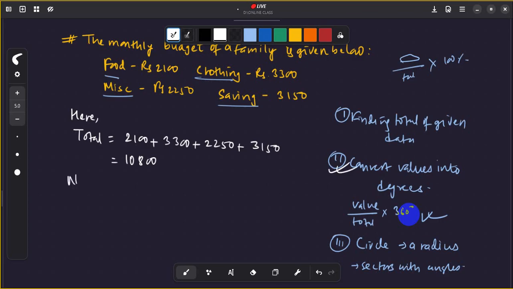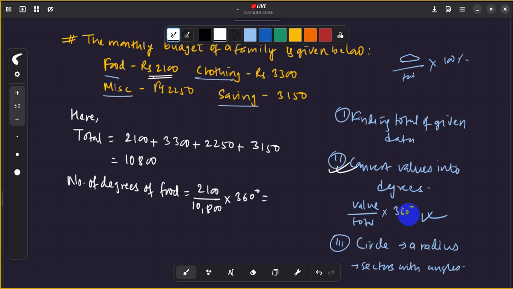The number of degrees of food equals the budget of food, 2100, over the total, 10,800, times 360 degrees.